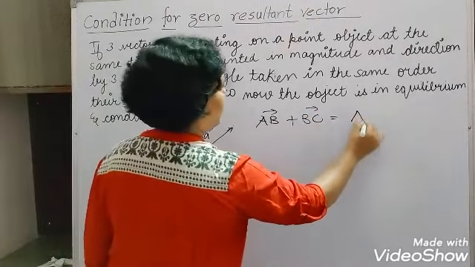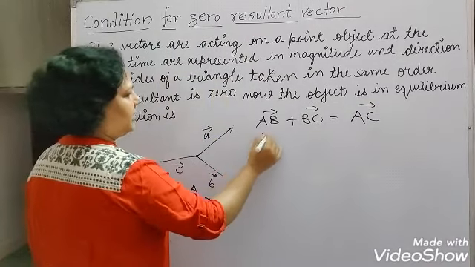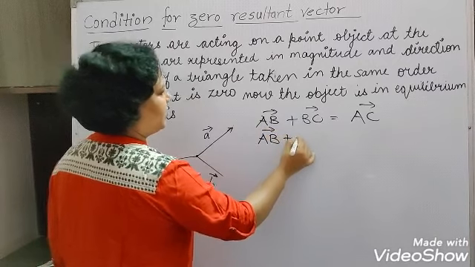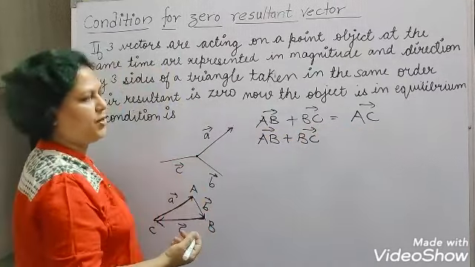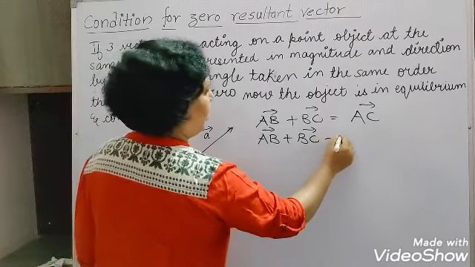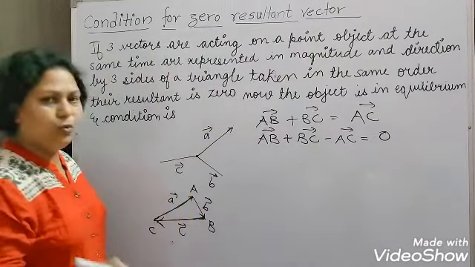If we transfer this AC to the left-hand side, it will become AB plus BC minus AC, equal to 0.